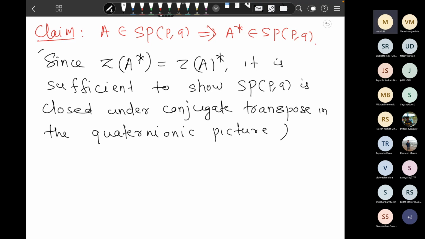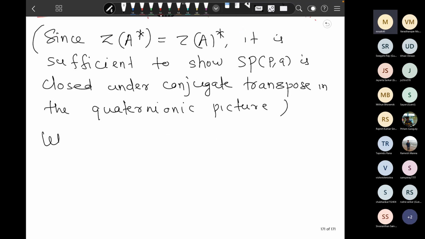So A belongs to SP(P,Q) implies A star I_{P,Q} A is equal to I_{P,Q}.